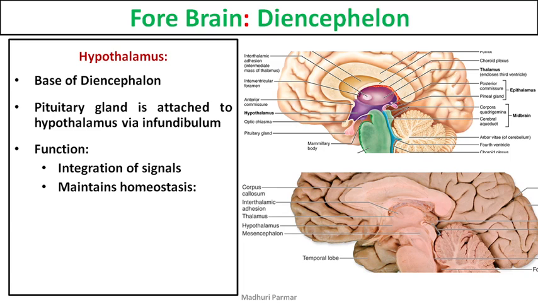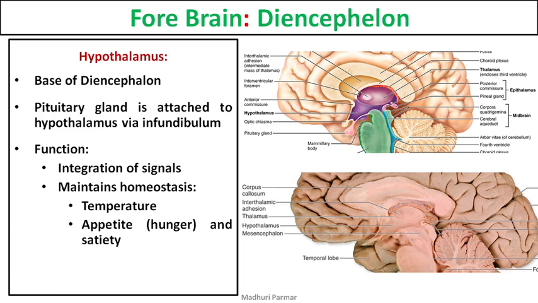What does this normal levels mean? It means your temperature. So who is responsible for controlling your temperature? It is hypothalamus. If you are normal, then your blood temperature or your body temperature will be 37 degrees. If you have fever, your body temperature will be higher. Who maintains all of this? Hypothalamus. So it is the one which maintains homeostasis.